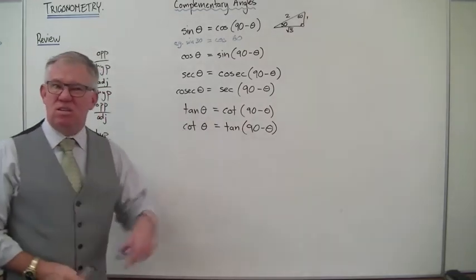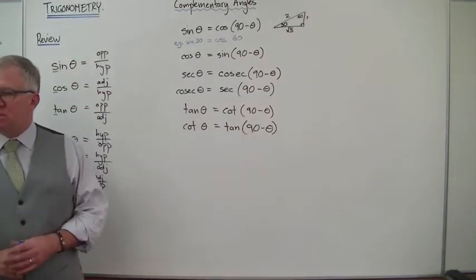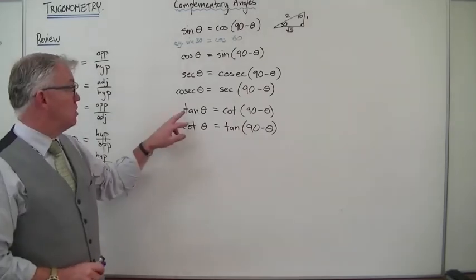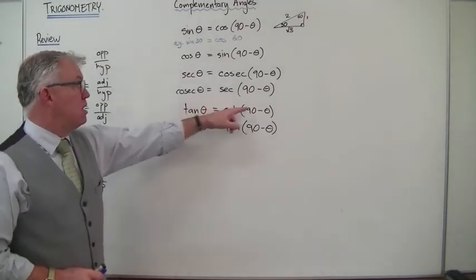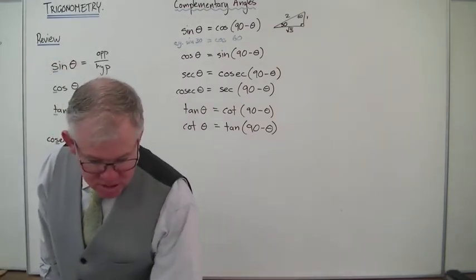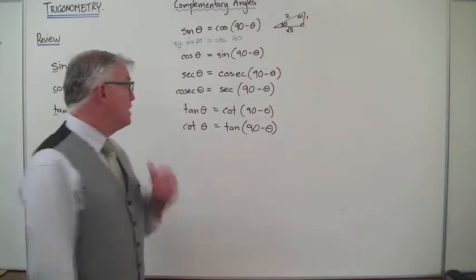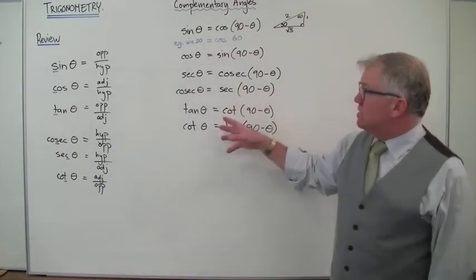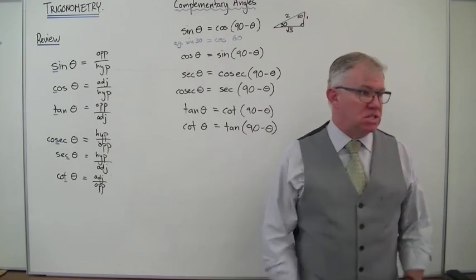So the last two relationships are a little bit different in that it's about when you invert the ratio, you get tan of theta will be the same as cot of 90 minus theta. Now at that point there, that's enough to get us started with exercise 6.1.